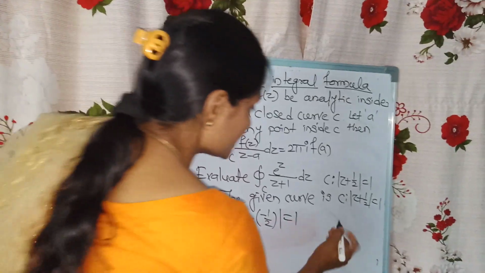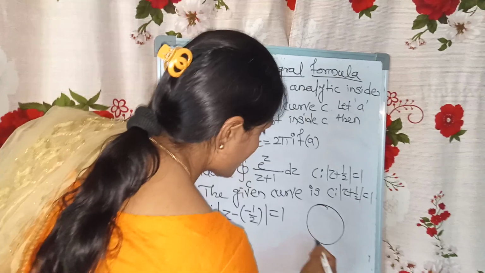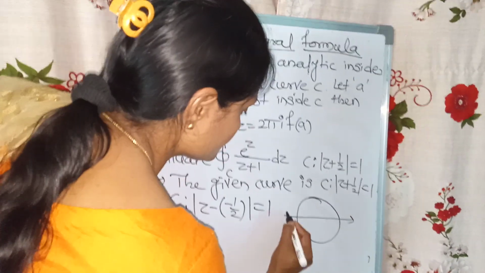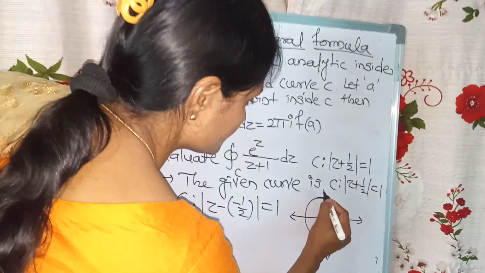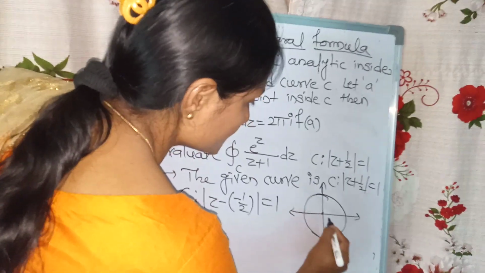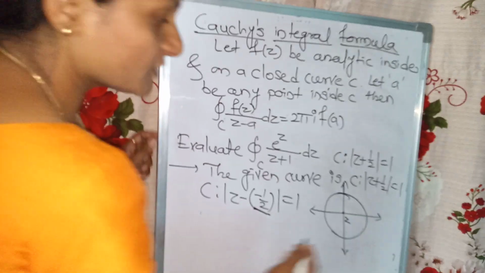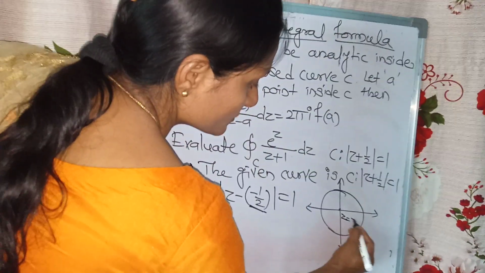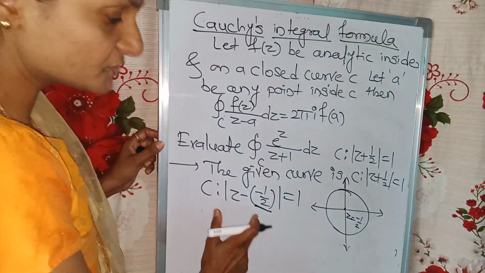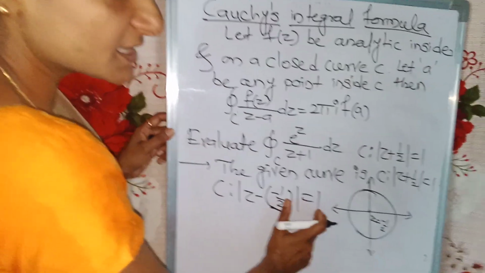Let us draw the circle. Observe the center point. The center of the circle is nothing but minus 1 by 2, so z equal to minus 1 by 2 is the center. The radius of the circle is 1.